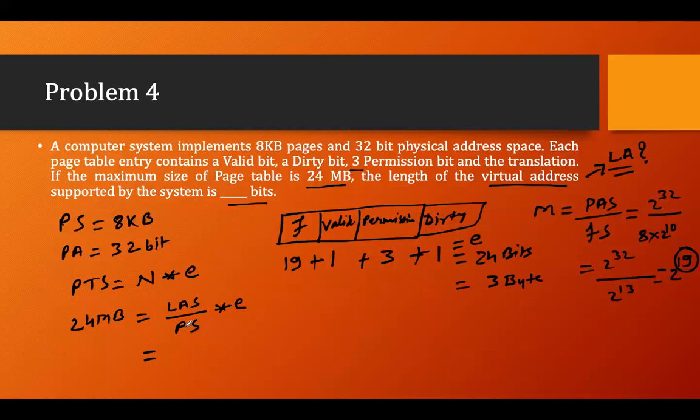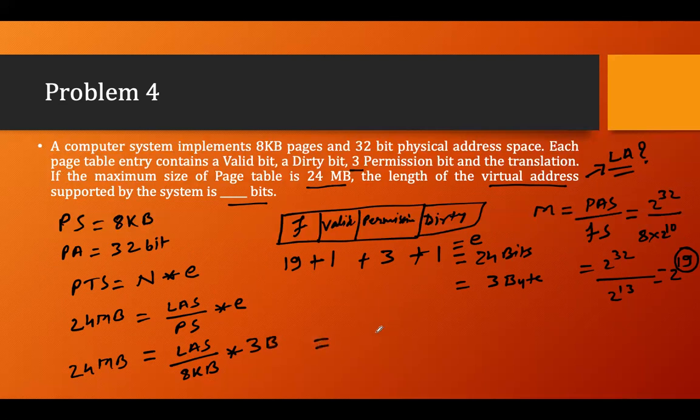So let's do that. This is 24 MB. Logical address space, I don't know. Page size, I know, is 8K. And E is 3 bytes.